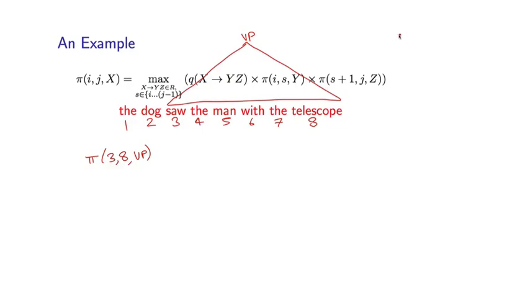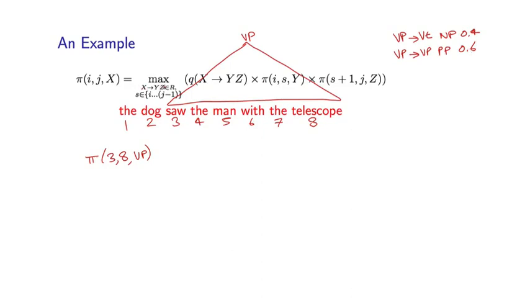Let's say, for the sake of argument, I have 2 rules expanding VP in my grammar. One of them is VP goes to Vt NP, and the other one is VP goes to VP prepositional phrase. Say for the sake of argument, these have probabilities 0.4 and 0.6 respectively. So I'm going to search over two different things.